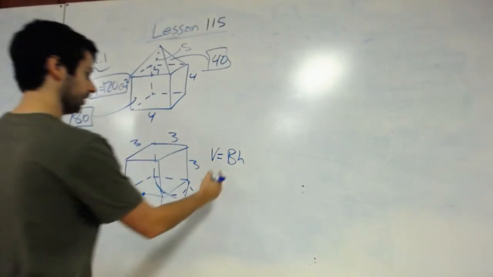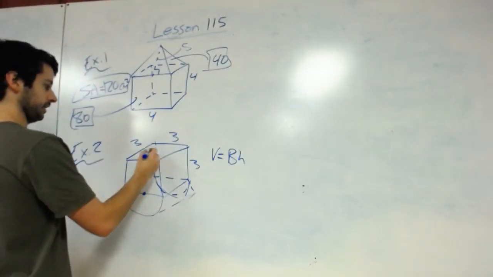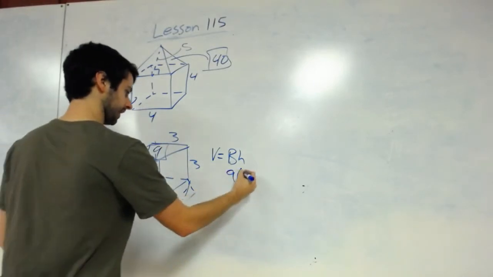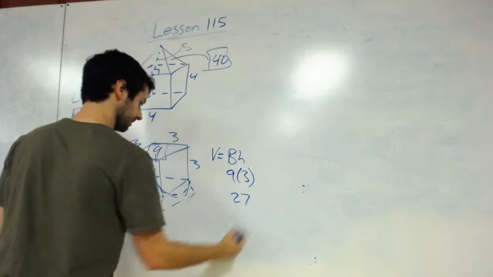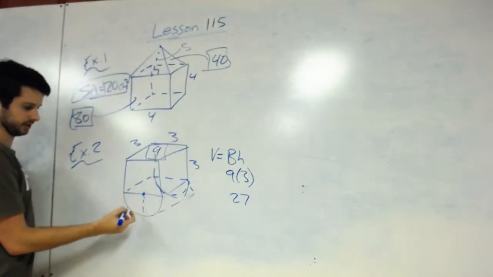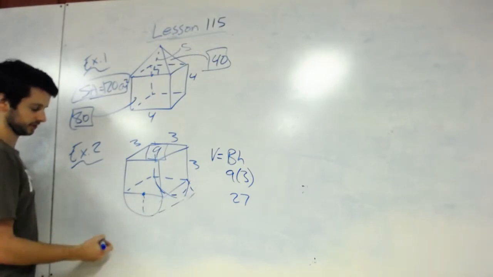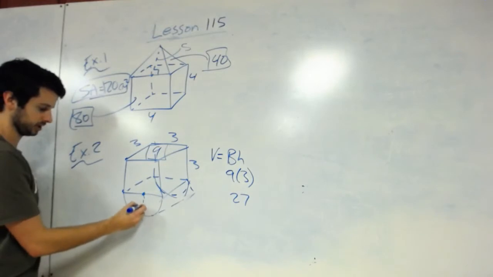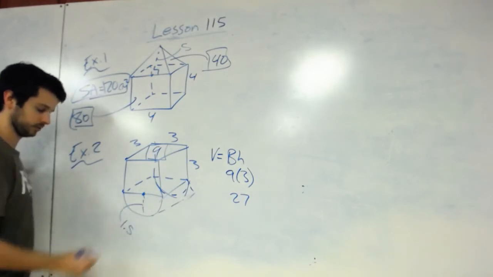So to find the volume of the cube, we are going to do area of base, which would be 9, times the height, which would be 3, so that's 27. Now it said this semicircle is half the distance from here to here, so therefore we would know the radius would be 1.5.